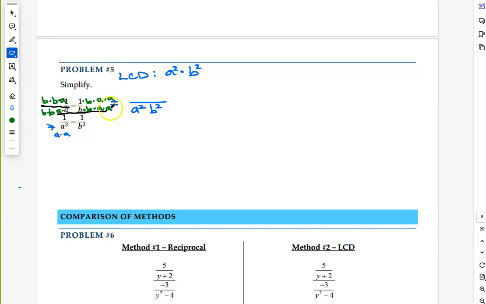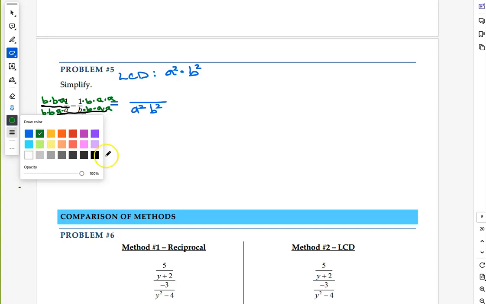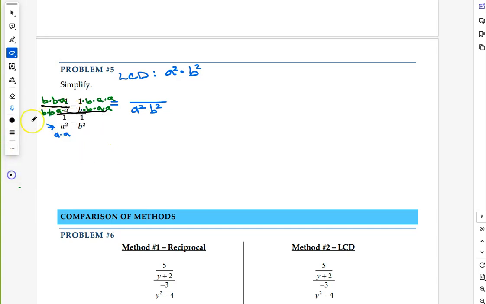All right, so do you see on the bottoms of both of these now, I've got a squared, b squared, a squared, b squared. I just have them written out so we can see each of the different factors.